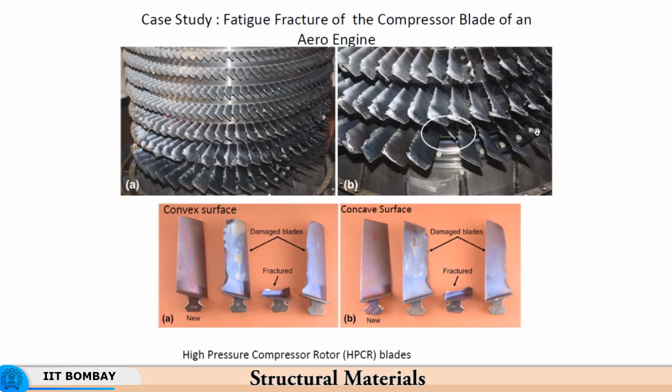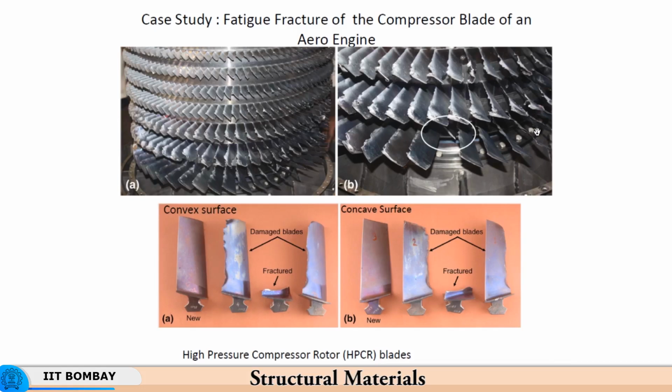On the convex surface you have a lot of damage, you see damaged blades, and here you see on a concave surface the damage plus the nature of fracture of the blade.